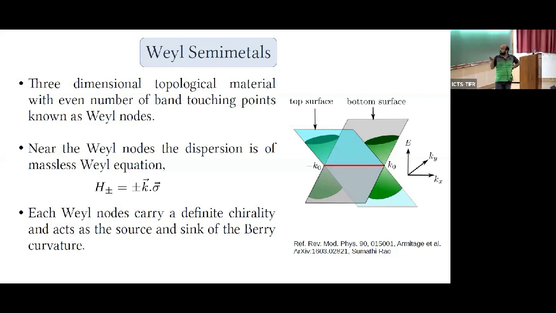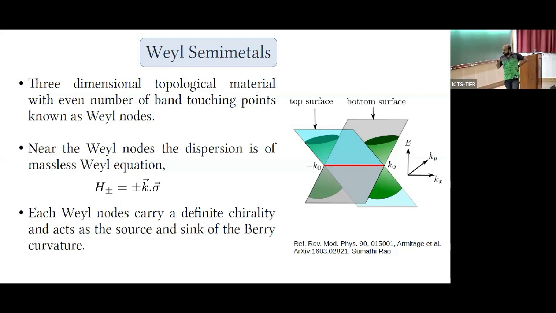It must appear with the opposite chirality. So 1, 3, 5 Weyl nodes are not possible. They must appear as 2, 4, 6, all 2n numbers, so that a positive chirality Weyl point has a negative chirality partner.